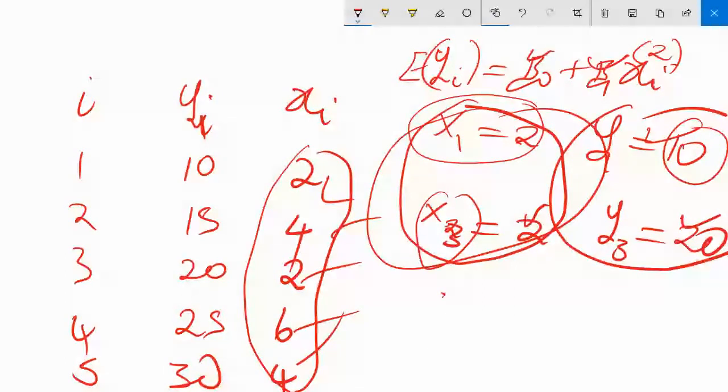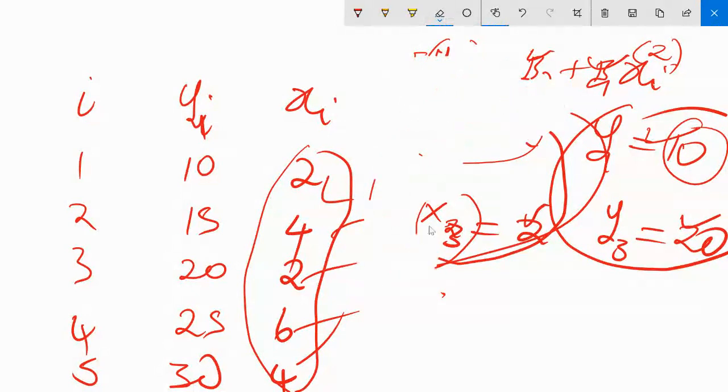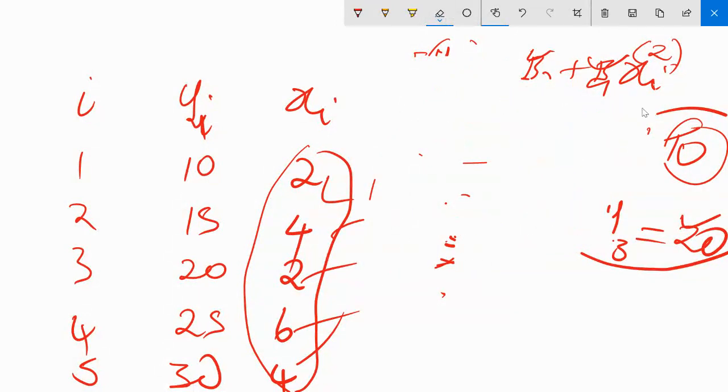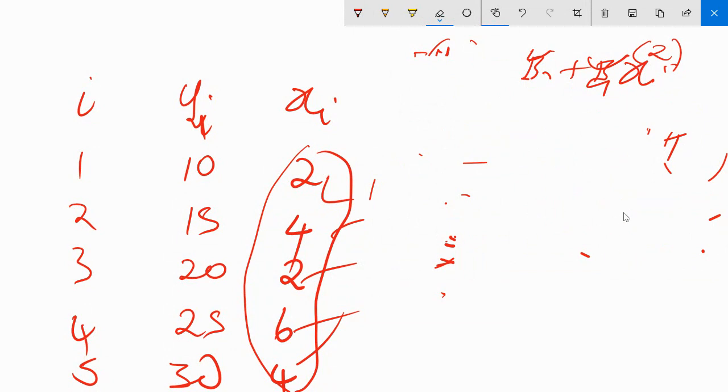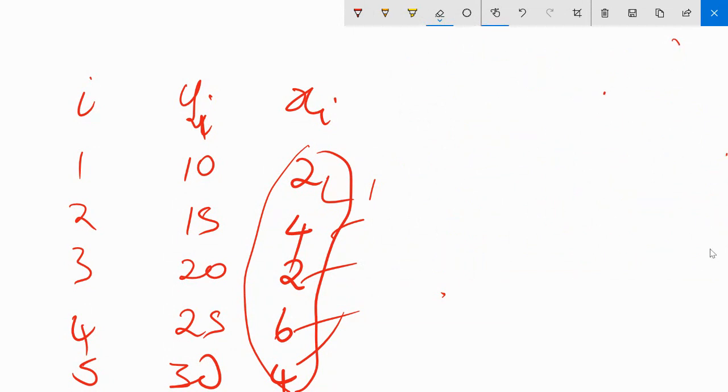So for example, if we order this data set, let me create a space here so that you can see what's happening. We are going to have xi, so we have 2, 2, 4, 4, 6.